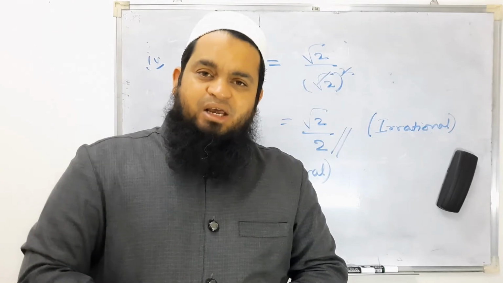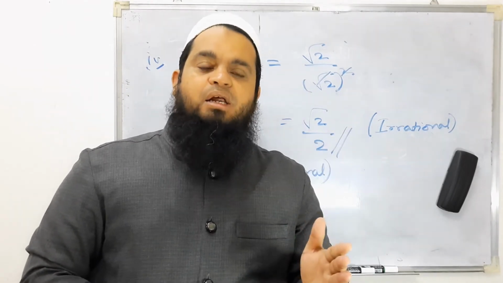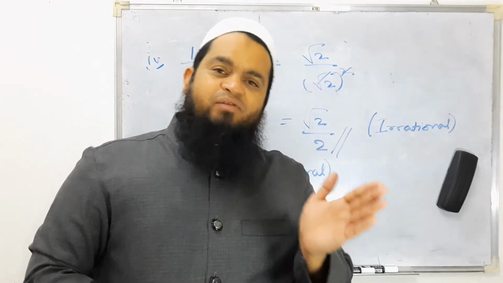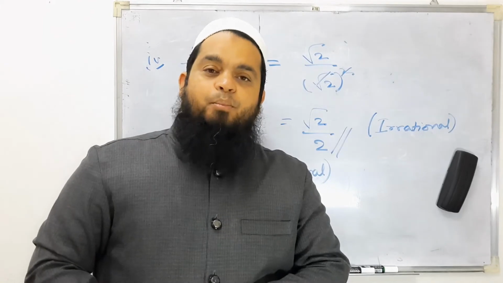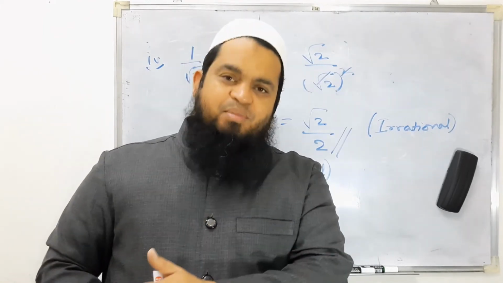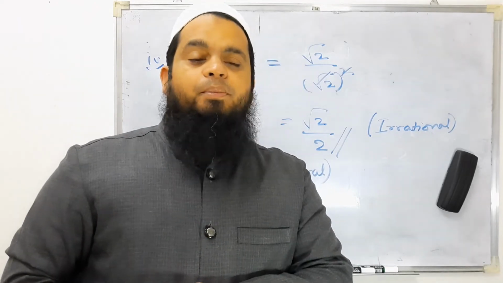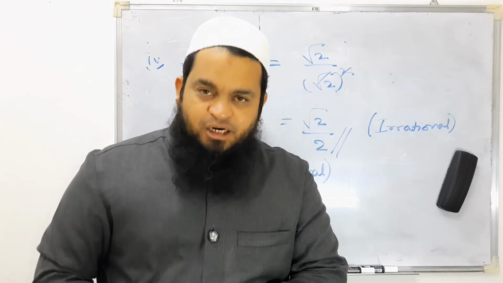When you operate any rational with an irrational, not only multiplication, you get an irrational number only. But in some cases, when you operate an irrational with the same irrational, you get a rational number. Hope the concept is clear to you.